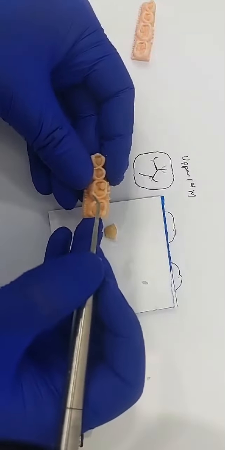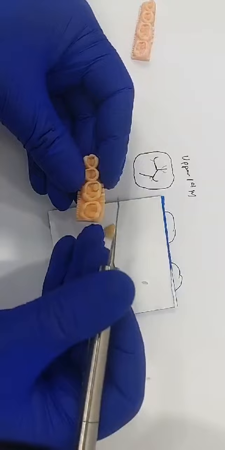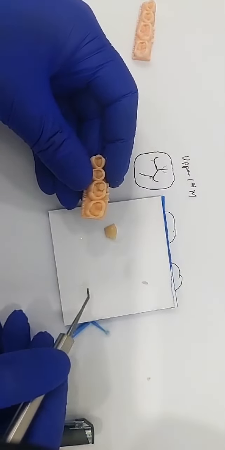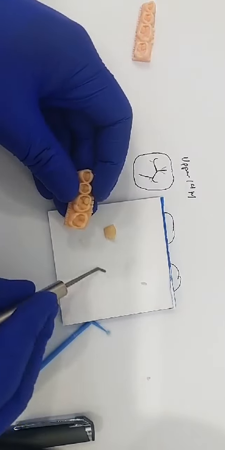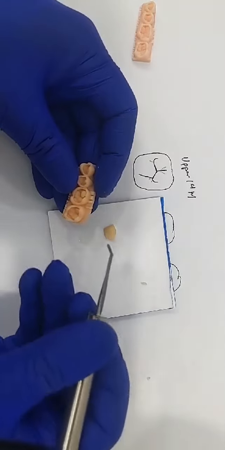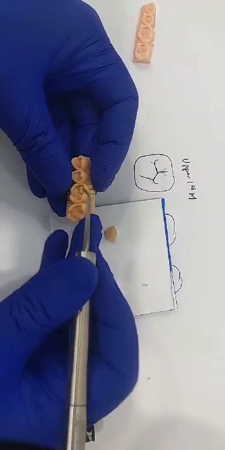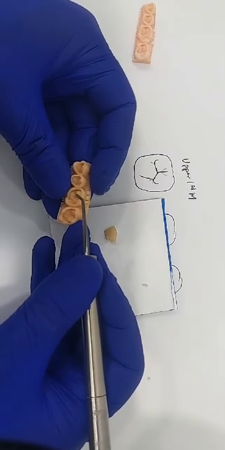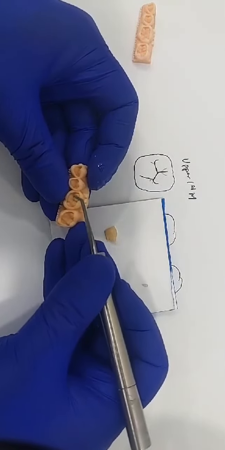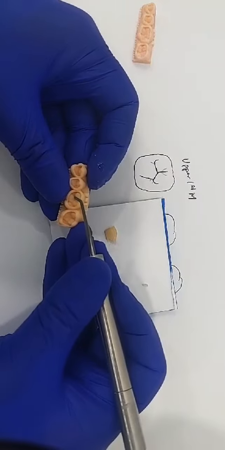So I like to roll it into a little ball, like you can see there. And then just a bit of the wetting resin or the dipping resin. It's an unfilled resin, so it won't inhibit polymerization. Then what you want to do is basically just adapt that increment first.